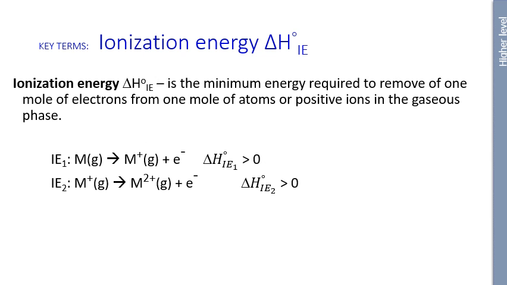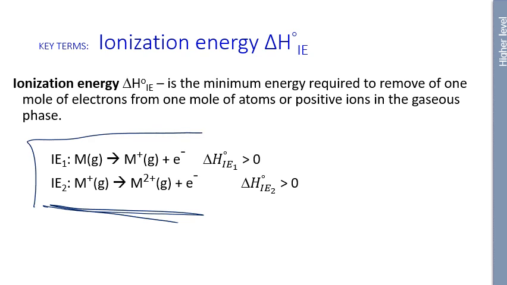The ionization energy, which we've already looked at, delta H naught IE, is the minimum energy required to remove 1 mole of electrons from 1 mole of atoms or positive ions in the gaseous phase. And these are 2 examples here. We have already looked at that in our second unit.